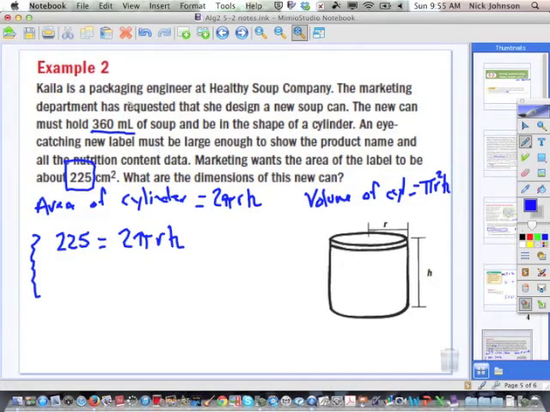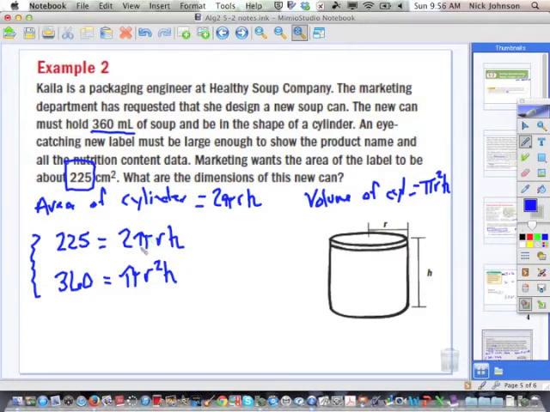My volume of my cylinder has to be able to hold 360, so my volume has to equal pi r squared h. Now, many of you are panicking. We don't have x's, y's, etc. What I need to do is solve for one of these variables. Pi is not a variable.